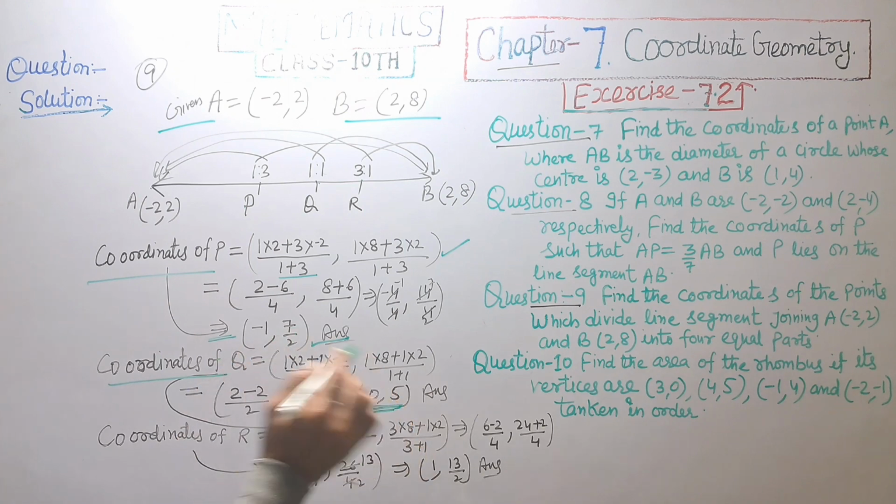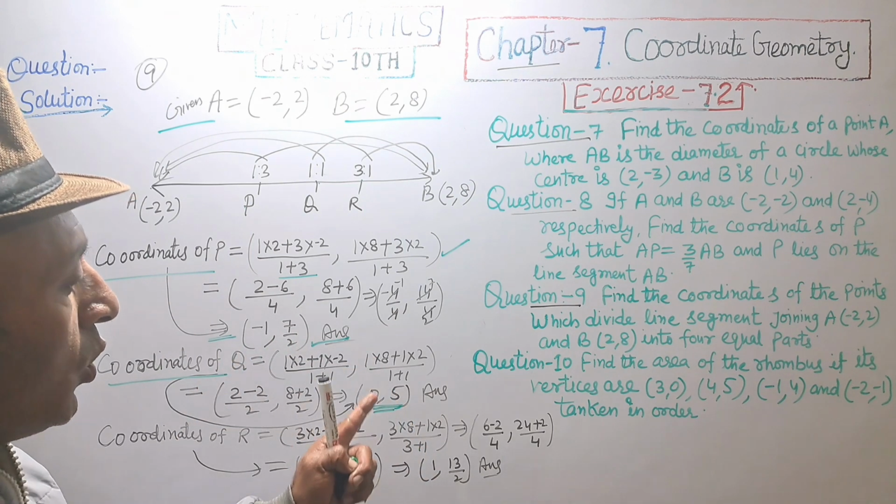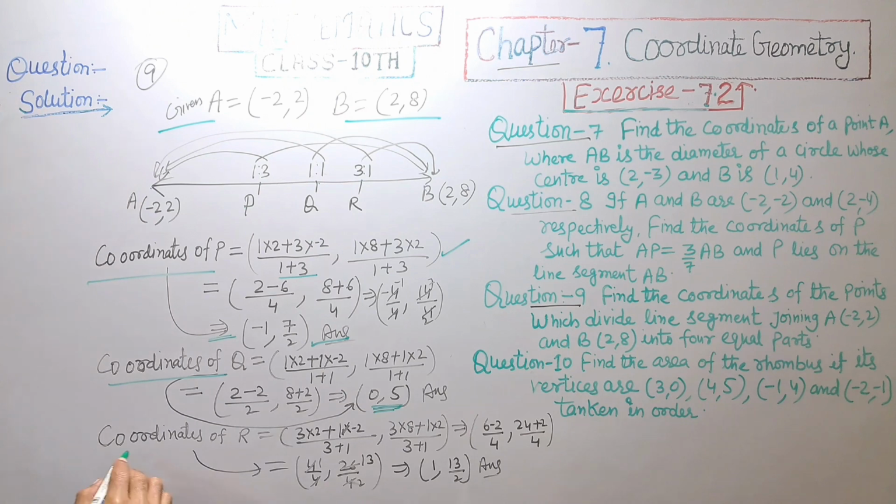So the coordinates of Q are (0, 5). Answer.